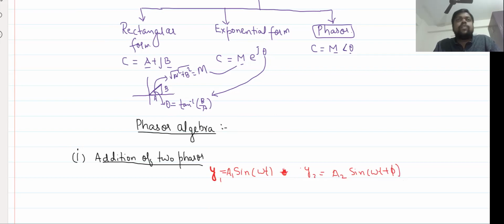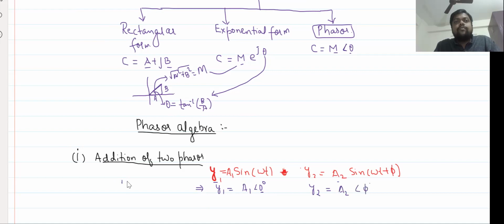Suppose you want to add these two. Since these are vectors, you can write them in phasor format. Y1 is equal to A1 angle 0, because here we write the initial angle. Y2 you will write as amplitude A2 angle phi.